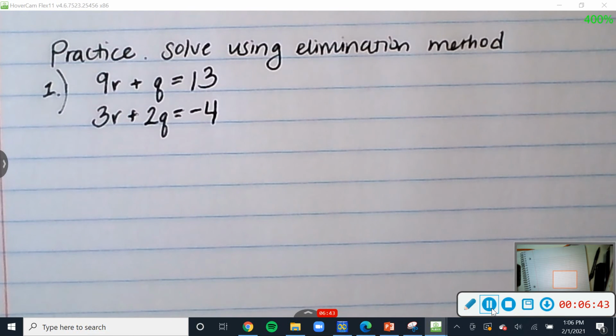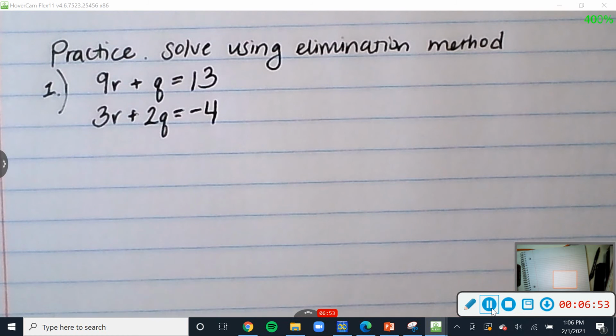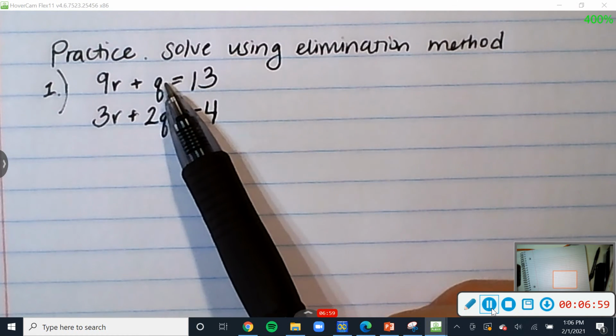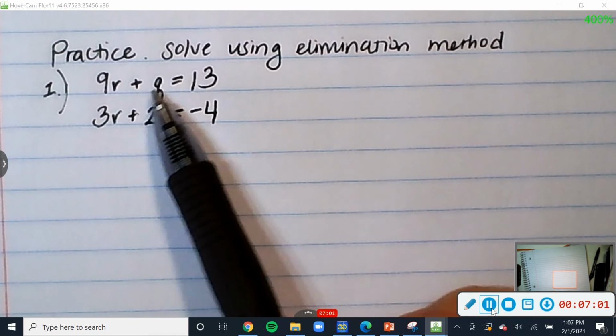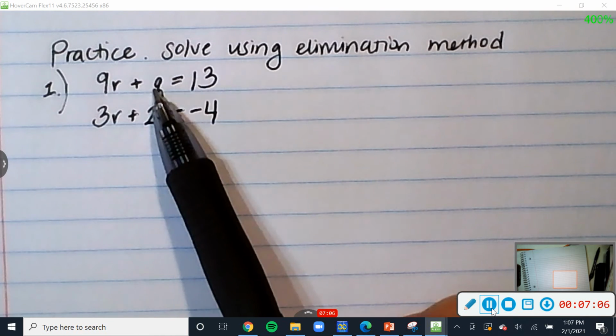Okay, hopefully you've paused and tried to think of a number that will work. There are actually multiple ways that we could multiply something and get the coefficients to match. I will show you a few different possibilities. The first possibility is we could multiply the top equation times 2. If we multiply the top equation times 2, you will have these coefficients match.